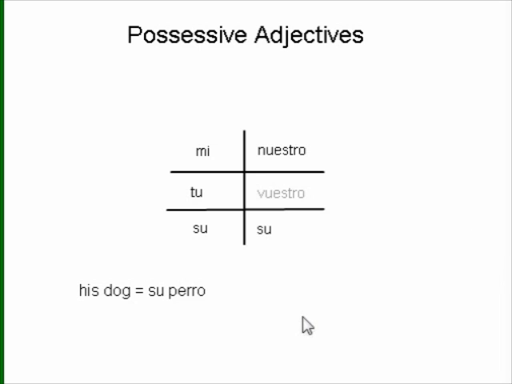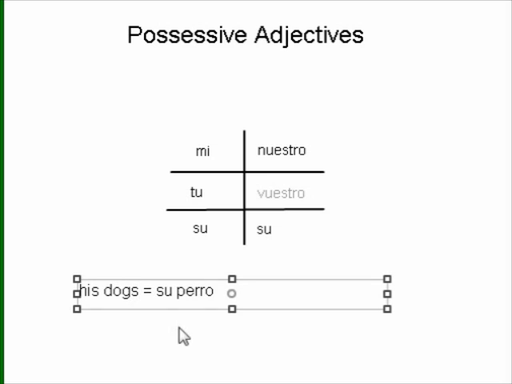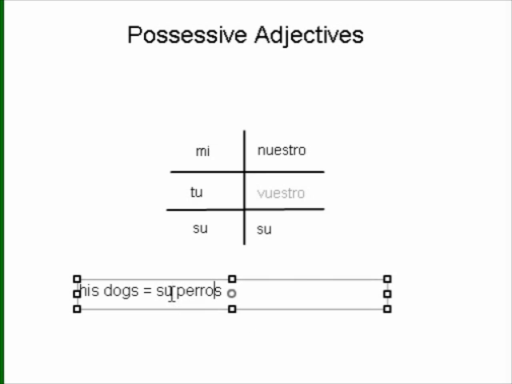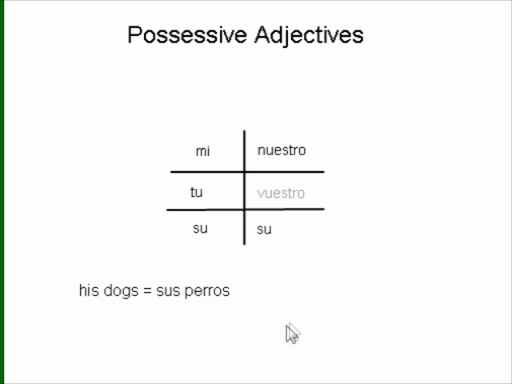Pretty simple so far. We also said that adjectives have to agree in number and in gender. So if we're saying his dogs, in English we don't change anything except make dogs plural. In Spanish we have to make perro plural, perros, but we also have to make sure that our adjective agrees in number. So it would be sus perros.